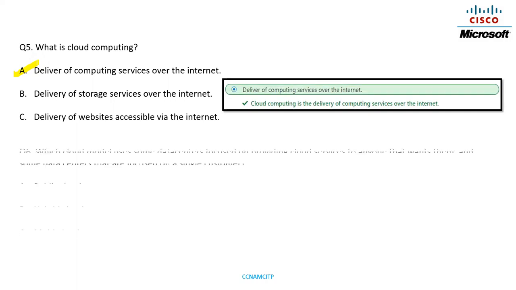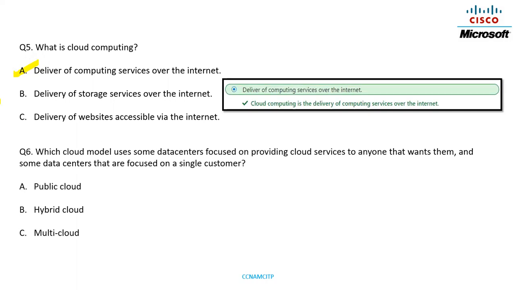And the next question, guys: which cloud model uses some data centers focused on providing cloud services to anyone that wants them, and some data centers that are focused on a single customer? So it is a combination of two. Anyone means more people and single customer means one.